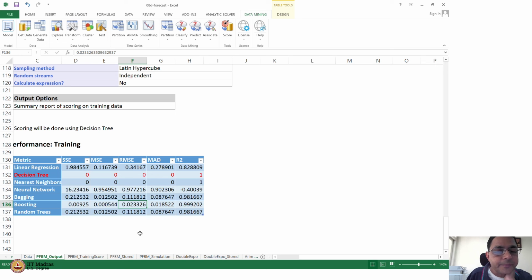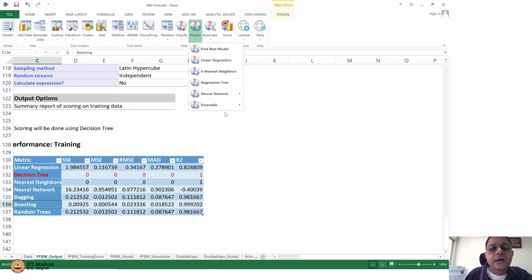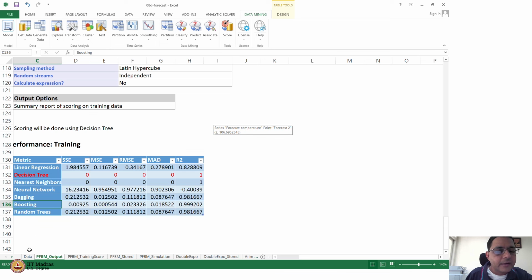So why don't we say that boosting is the winner in all this, right? I didn't realize that, but boosting seems to be the winner in all the performance indicators. Therefore we should go to predict and run a boosting algorithm to generate the forecasts for our data, right?